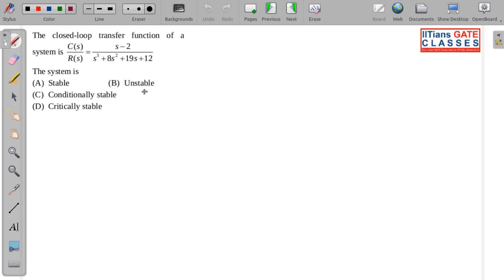So we have this next question. Very quickly solve this. So you can see if we fill the Routh table over here, that will be what? 1, 19, blank, and this will be 8, 12, blank.